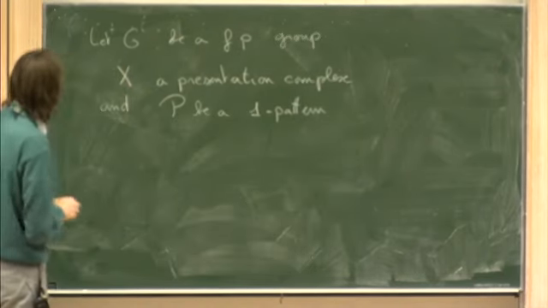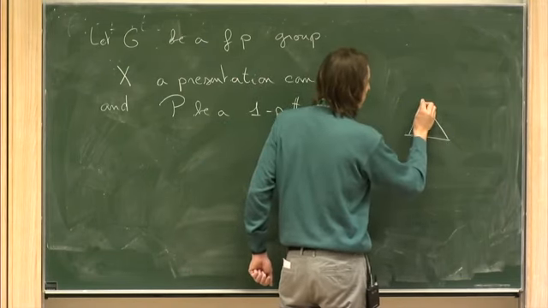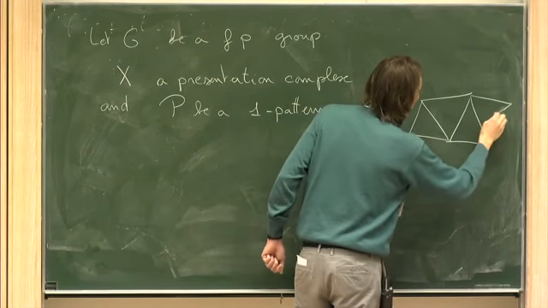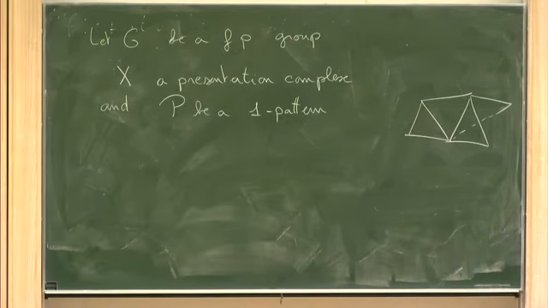In the case of a general presentation complex, a 1-pattern is just a set. In the case of a surface, it is just a set of curves on my surface.